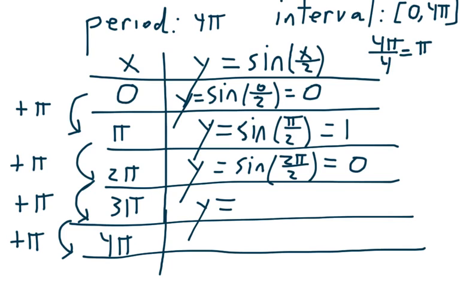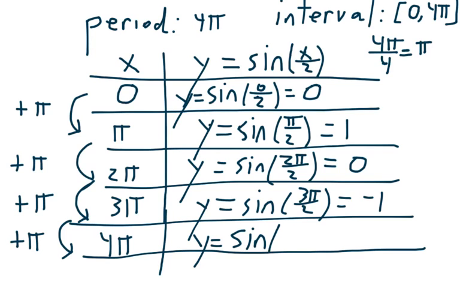Here we have y equals sine of 3 pi over 2, which is negative 1. Finally, we get sine of 4 pi over 2, which is sine of 2 pi, which is 0. Okay, so again, we get that 0, 1, 0, negative 1, 0. Okay, good. Now we're ready to graph this.